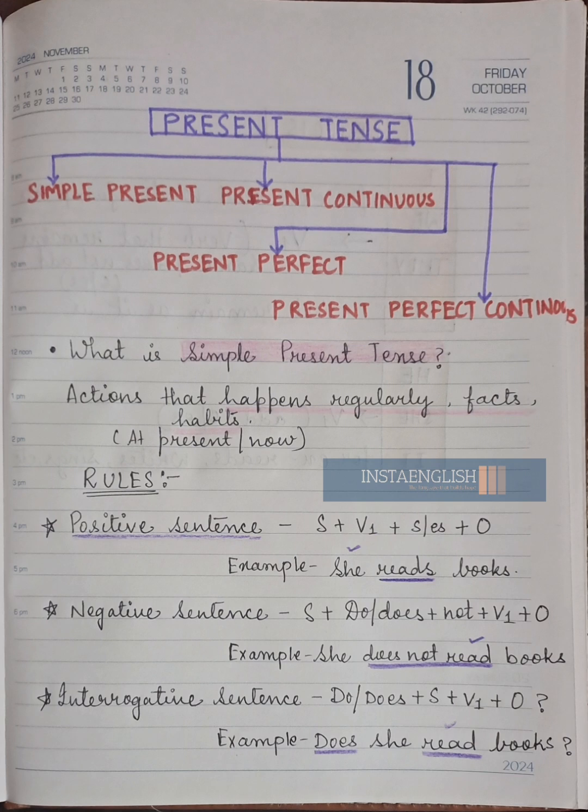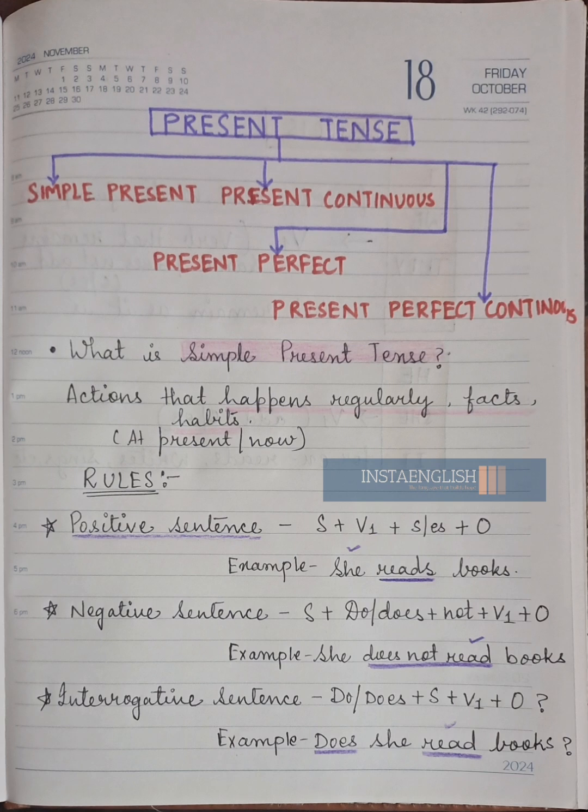Read is the verb and here we add s, because when the subject is she, we add s to the main verb, plus the object, that is books. So she reads books. According to the rule, S is she, verb is reads, then O is the object, that is books.